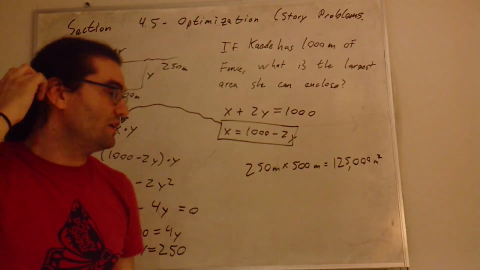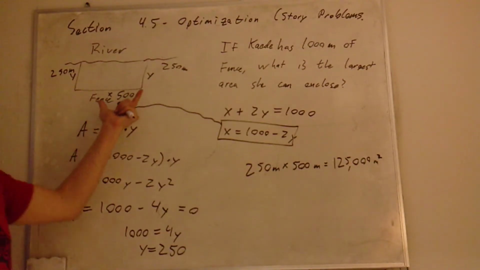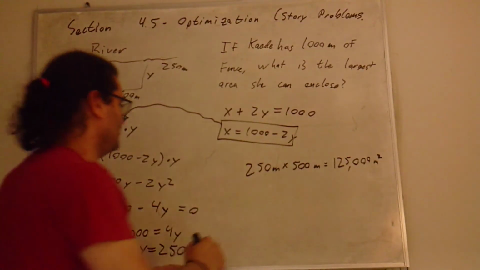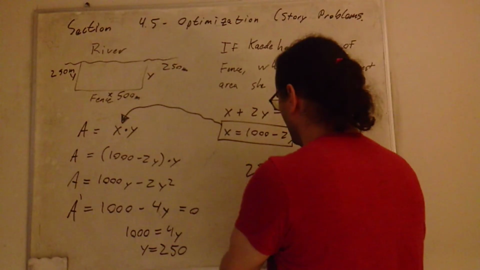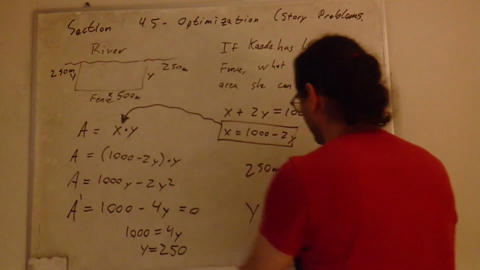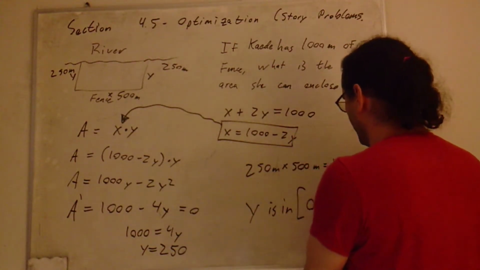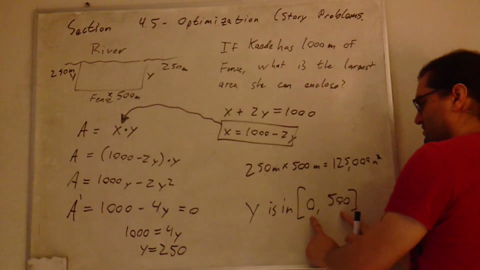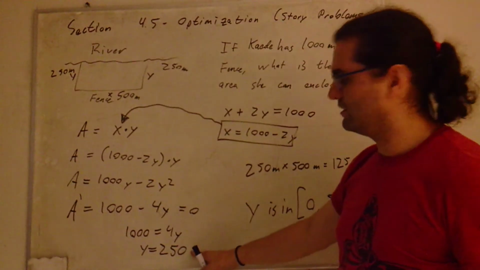So if you consider this to be a constrained problem, like y is in 0 to 500, these two are your minimums, this is your maximum.